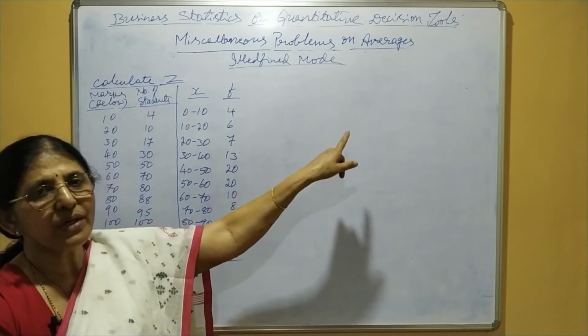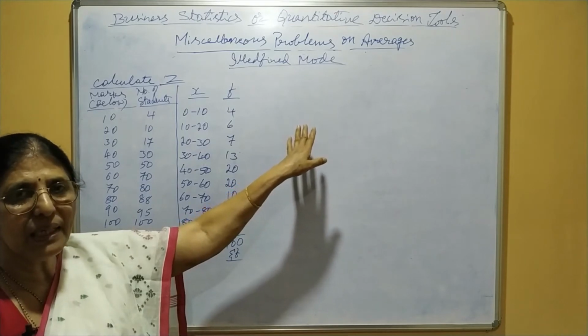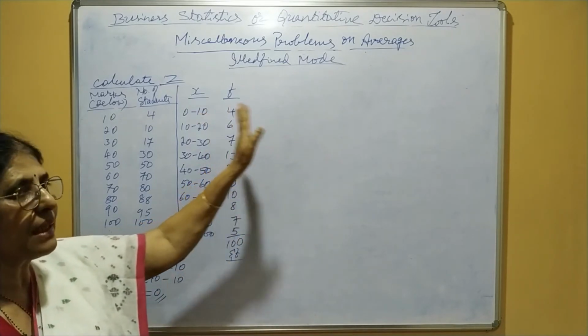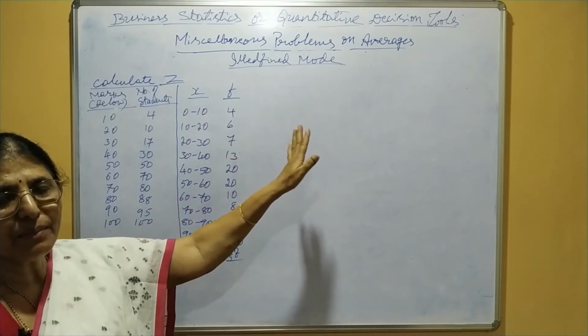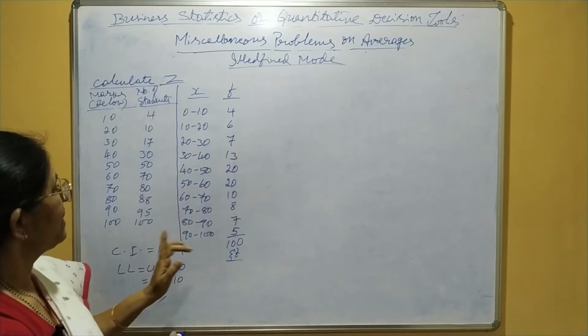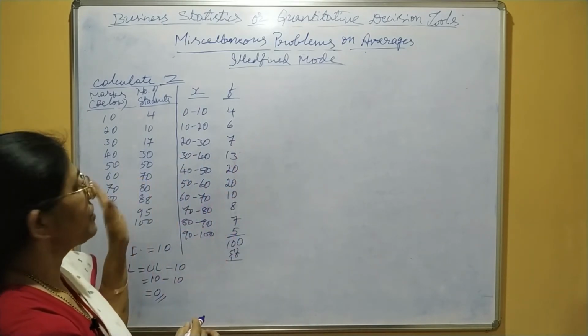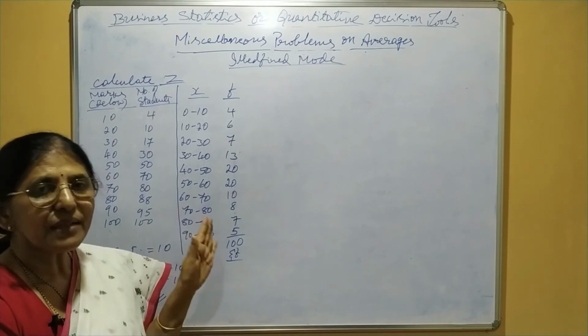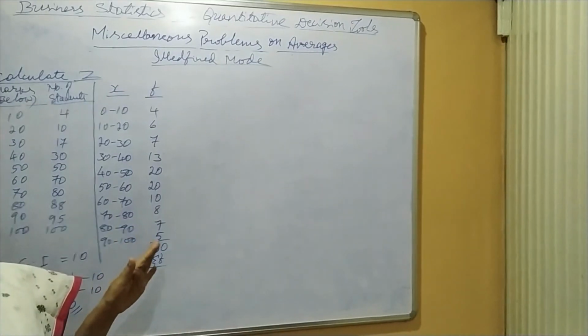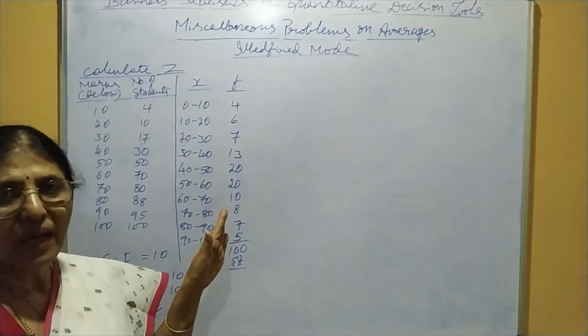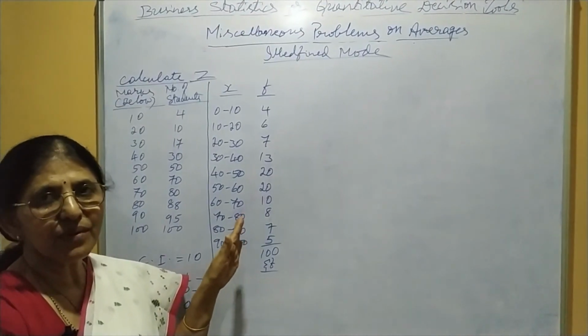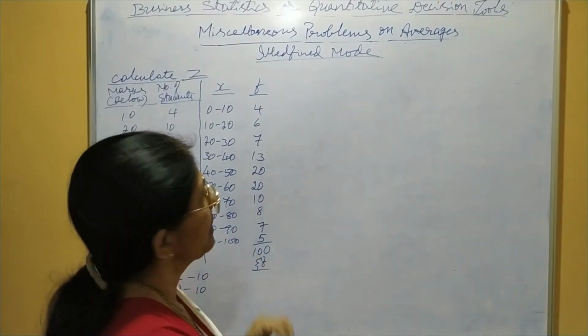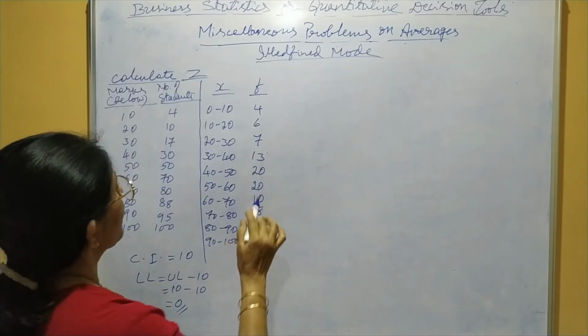You have to find out mean and median, then we have to apply that formula. That's why here first we have to calculate arithmetic mean and median, even though it is not asked to calculate that.